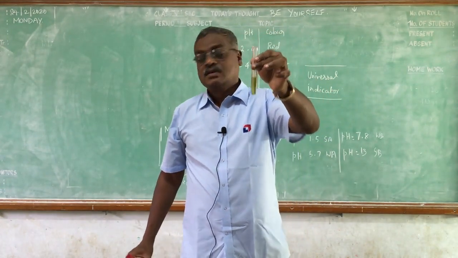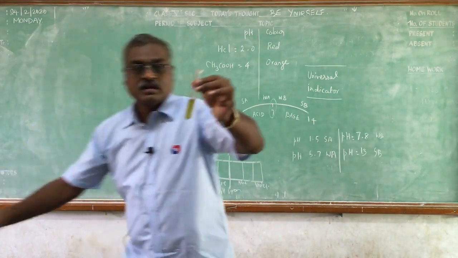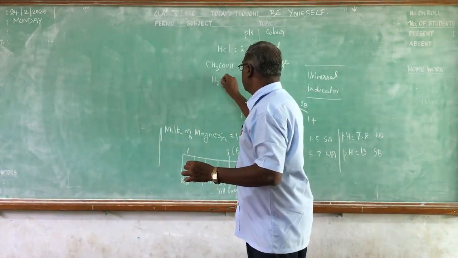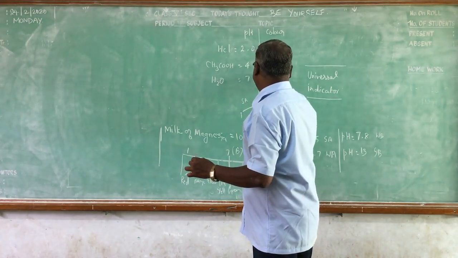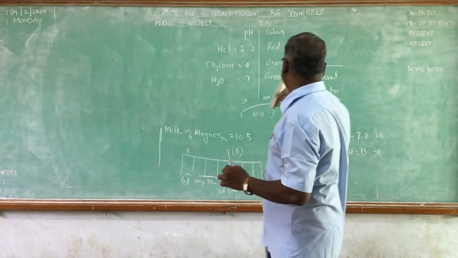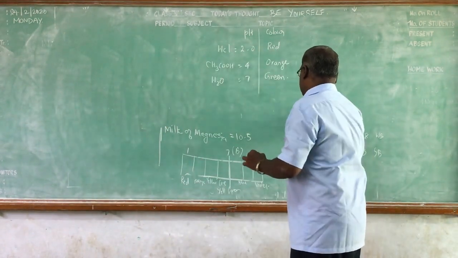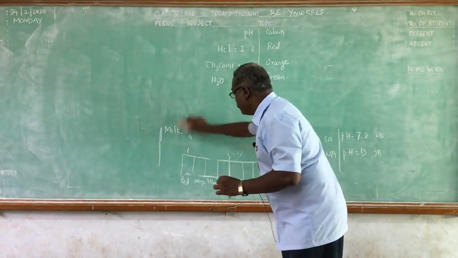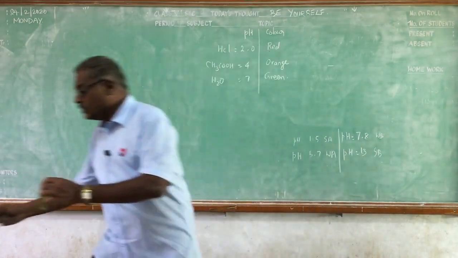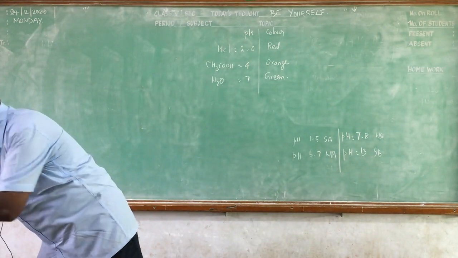So for water the pH will be 7, the color changed to green, and we can say the water is neutral.